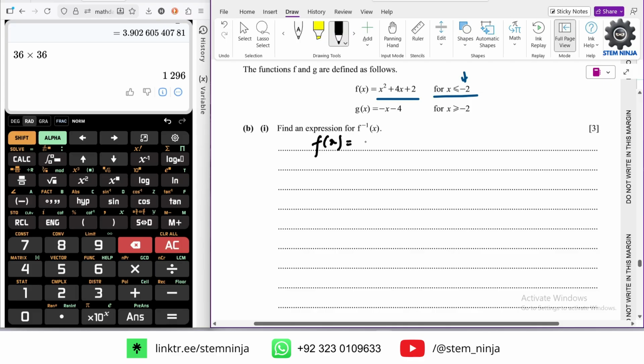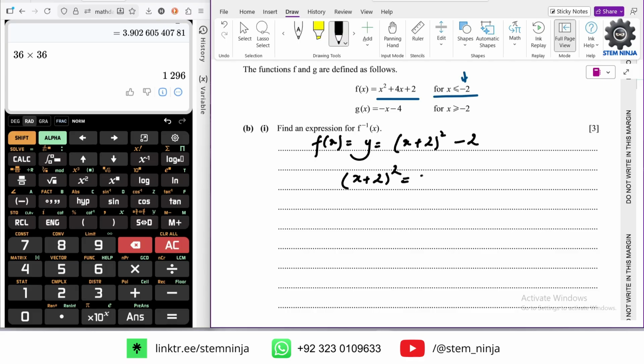So f of x equals y equals x plus 2 whole squared minus 2. So x plus 2 whole squared equals y plus 2. Take the square root on both sides, you get x plus 2 equals plus minus square root of y plus 2.